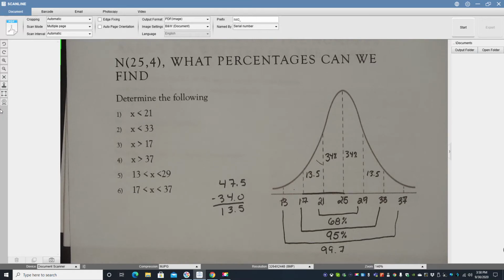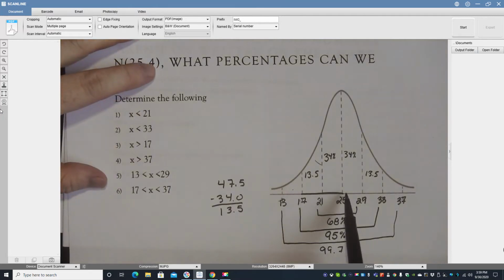And half of 0.7 is 0.35. So let's see, that would be, no, that's wrong. That would be 49.85. Let me go ahead and confirm that real fast. Don't want to jump off the deep end without doing that. Yep, 49.85. Okay, so that means from here to here now would be 49.85.